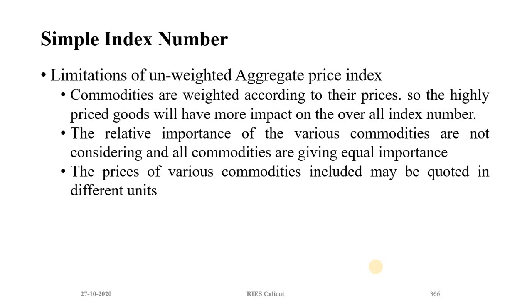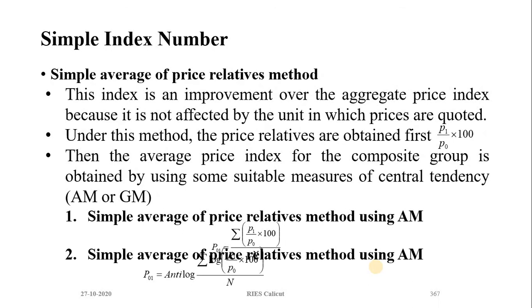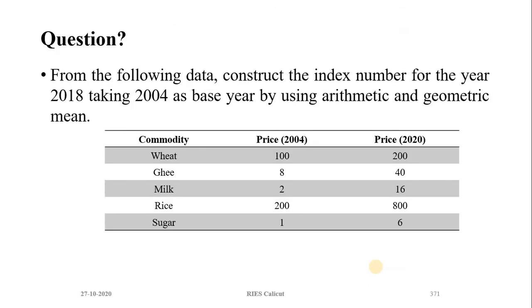The third is that the prices of various commodities may be quoted in different units. In this method, we are not considering the unit of measurement. Whatever the unit of measurement may be, we treat it as the same. So these are some of the demerits of the unweighted price index number.